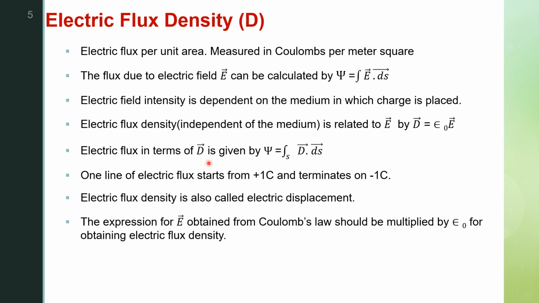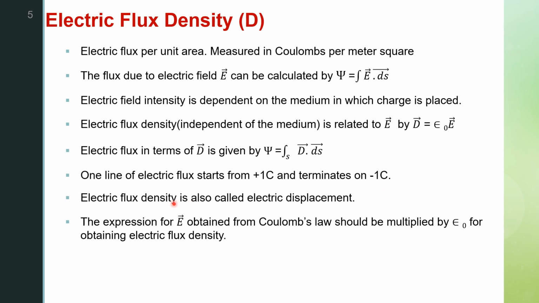Electric flux in terms of D is given by psi is equal to the surface integral of D dot ds. One line of electric flux starts from a positive 1 coulomb and terminates on minus 1 coulomb.